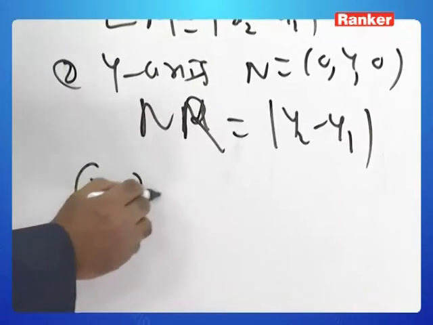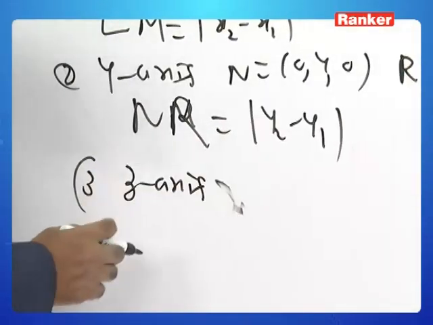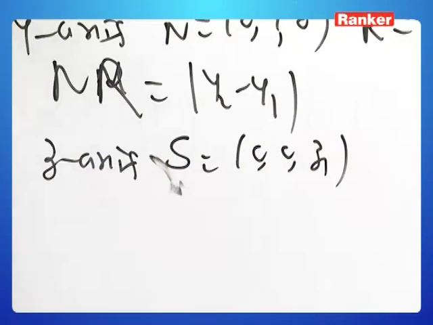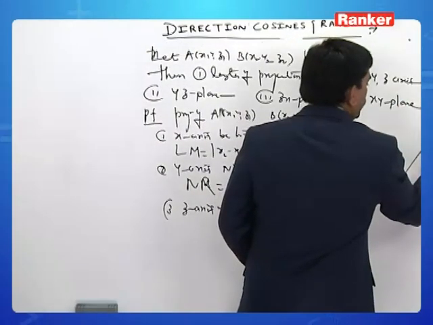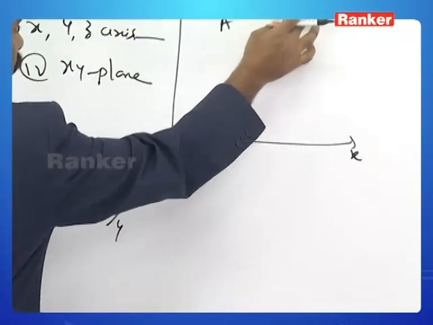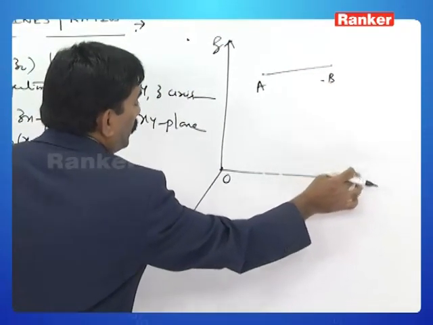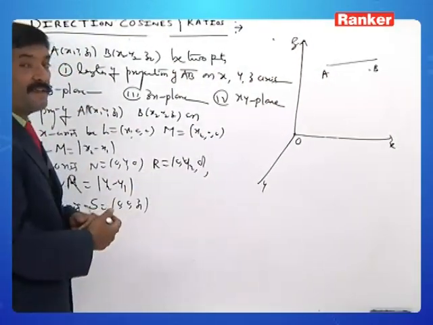Then the third one, on the z-axis: S is equal to 0, 0, z1. So the projection of A on the x-axis is x1, 0, 0, and the projection of B on the x-axis is x2, 0, 0. Similarly, you can go for the y-axis as well as the z-axis in a cyclic order.